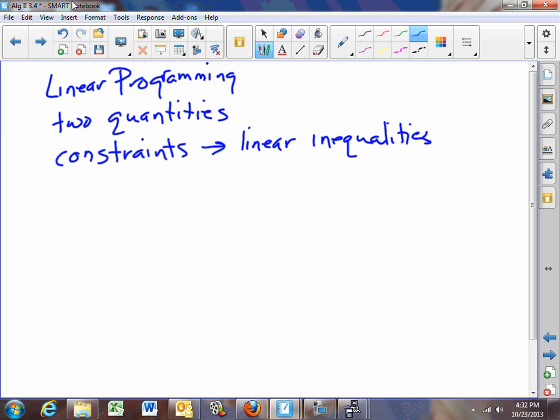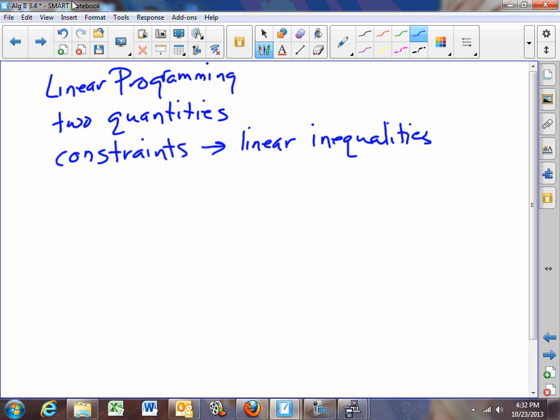Now, in the last section, we spent time learning how to find the solution set to a system of linear inequalities, and ordinarily that was a region bounded by a polygon, or it could have been a region in the plane that had an unbounded spot in a certain direction.